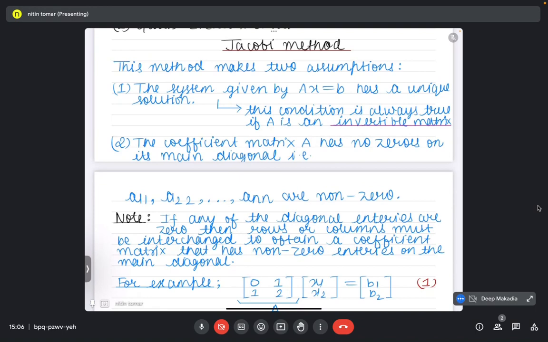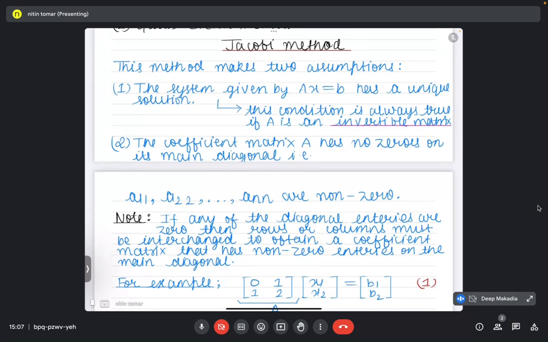The system Ax equal to b has a unique solution. This is the first hypothesis. It means we can always start with an invertible matrix, because in that case it will always have a unique solution. And second, the coefficient matrix has no zeros on the main diagonal.